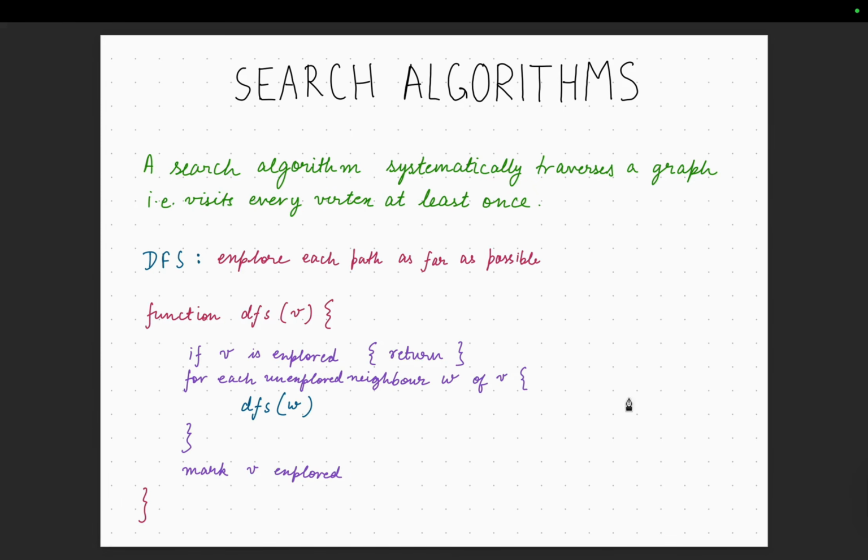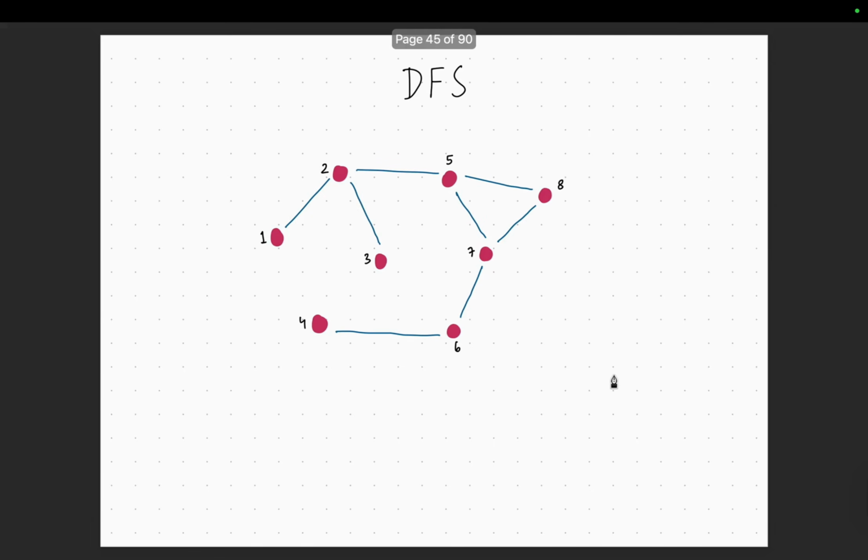And basically the guarantee, so suppose you call DFS on vertex 1 in this case. So you go to 1, you mark it explored, and then you go to 2, you mark 2 explored, then you go to the neighbors of 2, 5 and 3, you pick one of them, say 5 in this case, and you mark that explored.